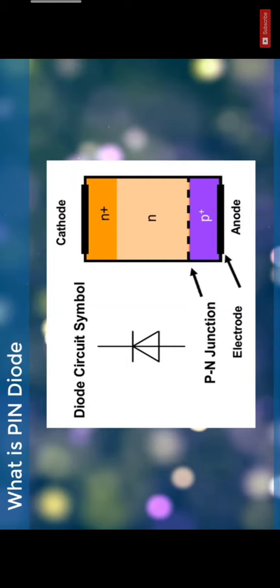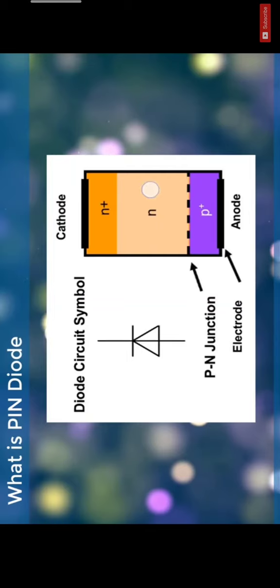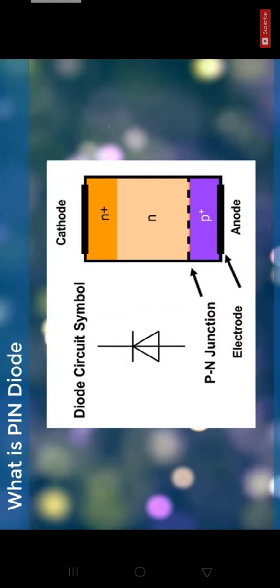You have the p-type material, we have the n-type material. In between there is an intrinsic semiconductor. Intrinsic semiconductor means there are no dopants in that semiconductor.